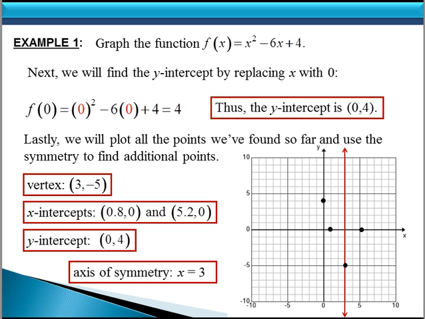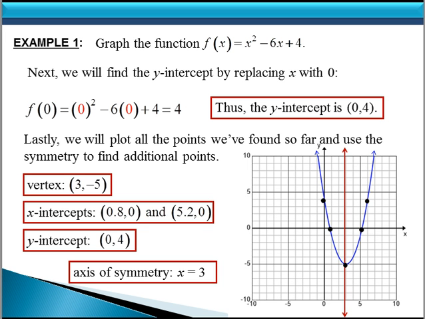Well, we're going to find the mirror image of the y-intercept the same way. So notice that the y-intercept is 3 units to the left of that axis of symmetry. So staying on that y equals 4 grid line there, we're going to go 3 units to the right of that axis of symmetry and plot a point there. Okay, so that gives us another point to help us to draw the nice smooth curve.